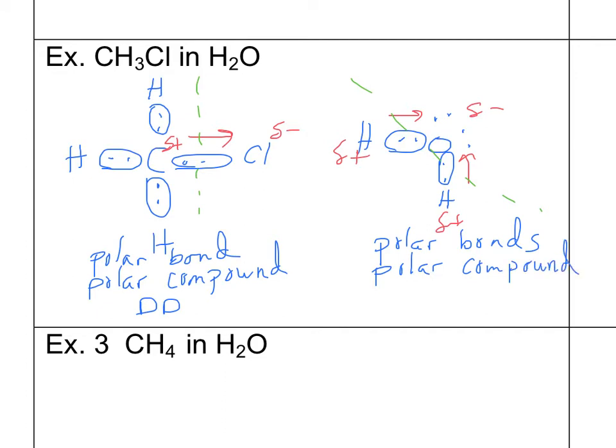Now water, because there's H's directly attached to O's, can attract through hydrogen bonding to other waters. But if it's next to another polar compound, it can also attract it through dipole-dipole forces. And this is what we have in the situation with CH3Cl.